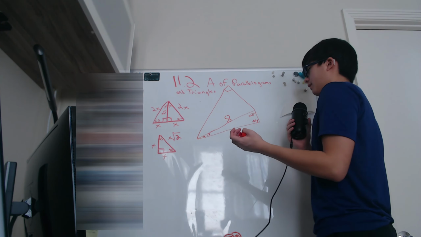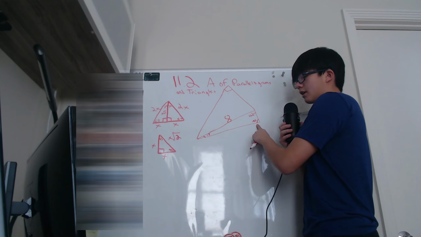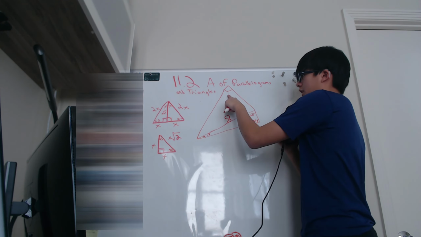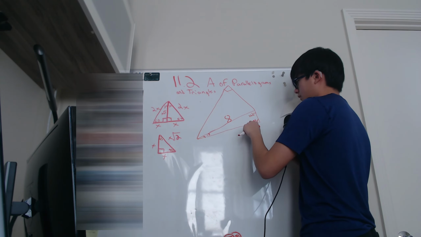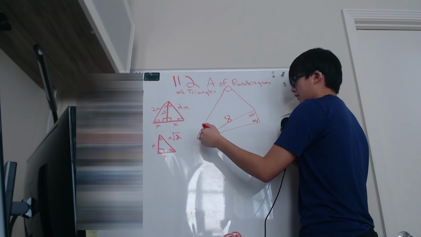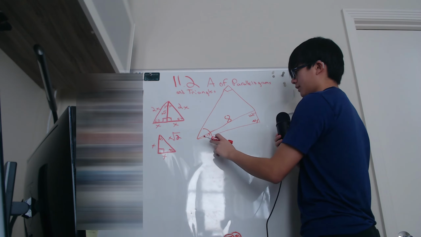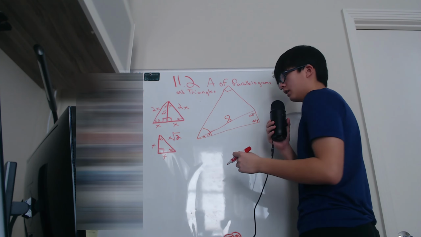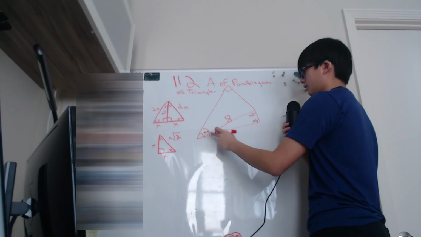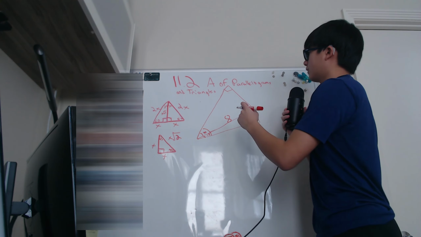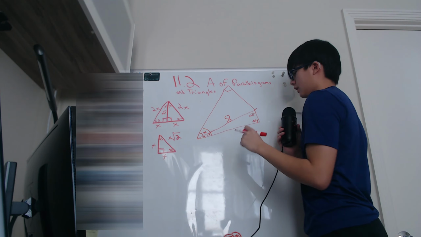It's a 45, 45, 90, because this angle right here is 45 and this angle is 90 degrees, which means this angle has to be 45. This entire angle has to be 45. And because right now this angle is 15, this one right here would have to be 30. And what do you know about this triangle right here, this one ending at 8?